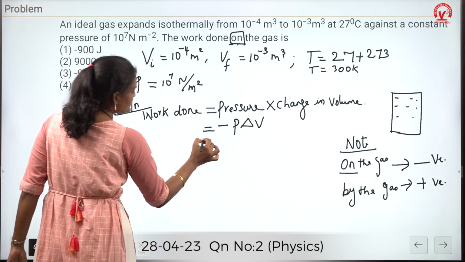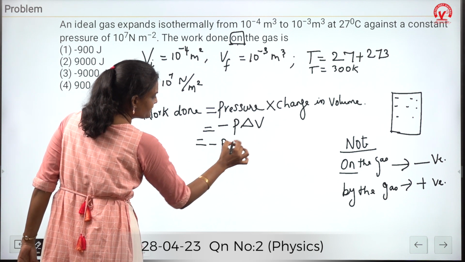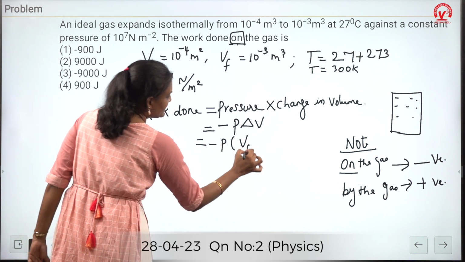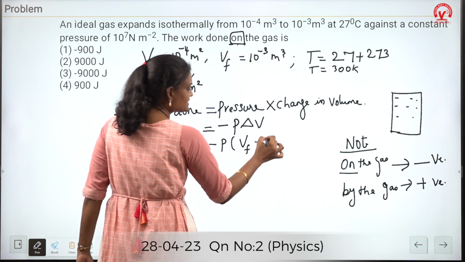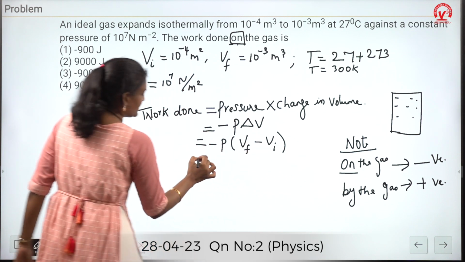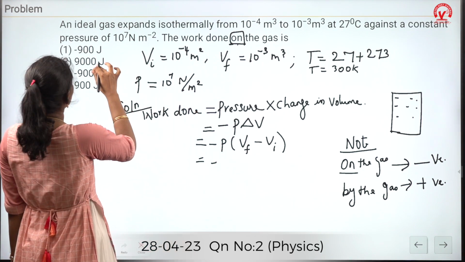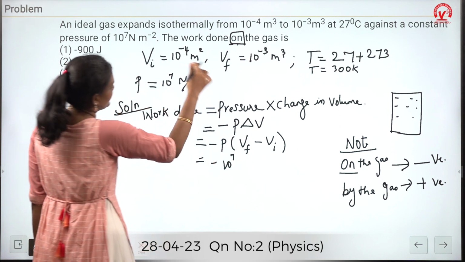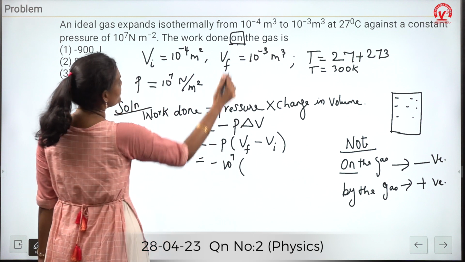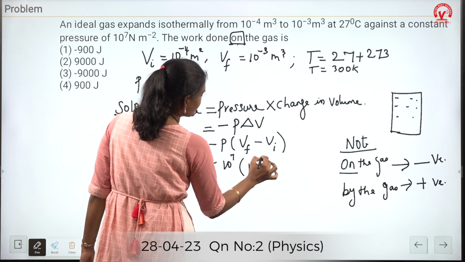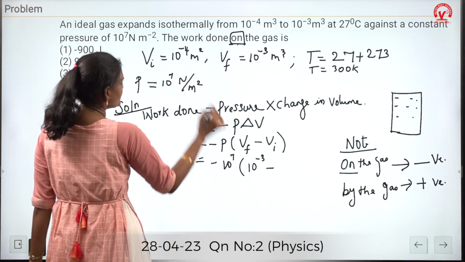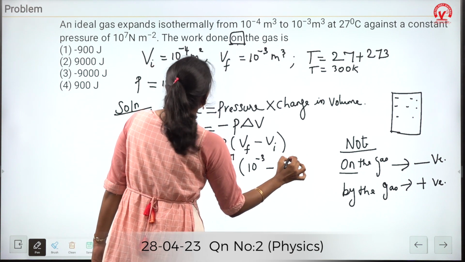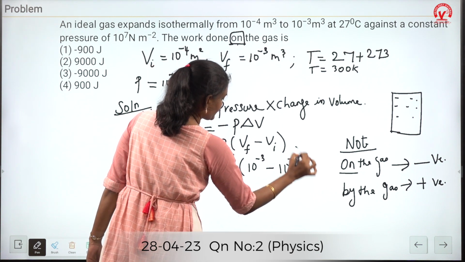Now here what is the change in volume? Change in volume is nothing but final volume minus initial volume. Now pressure value, they have given the pressure value as 10 power 7, and the final volume is 10 power minus 3 and initial volume is 10 power minus 4.